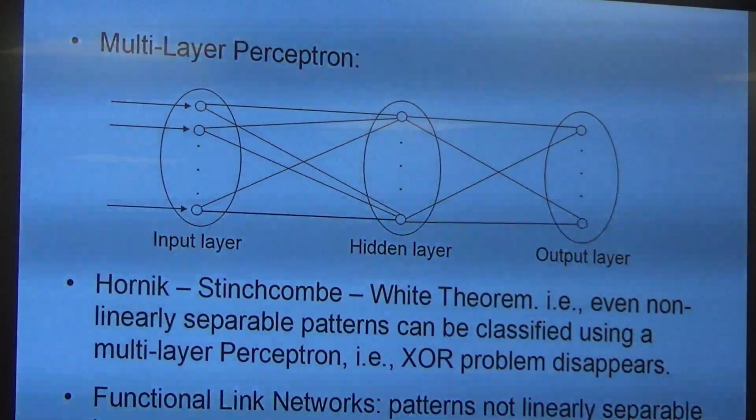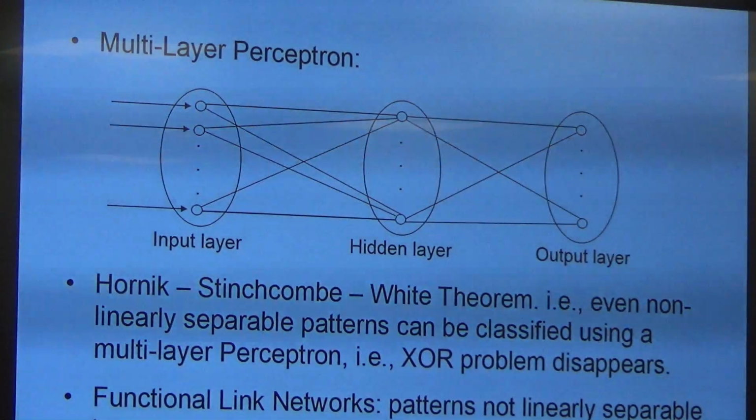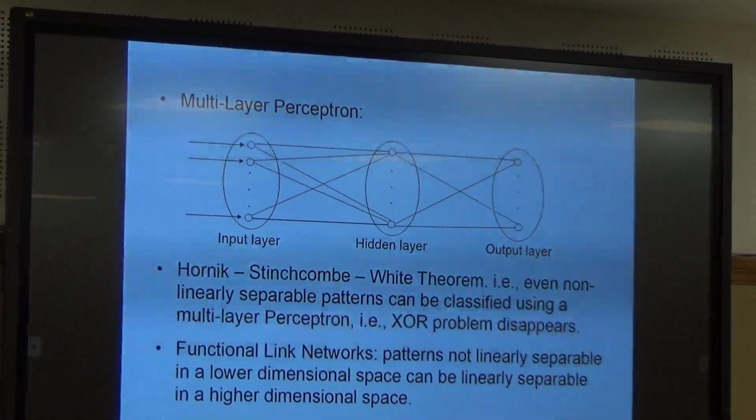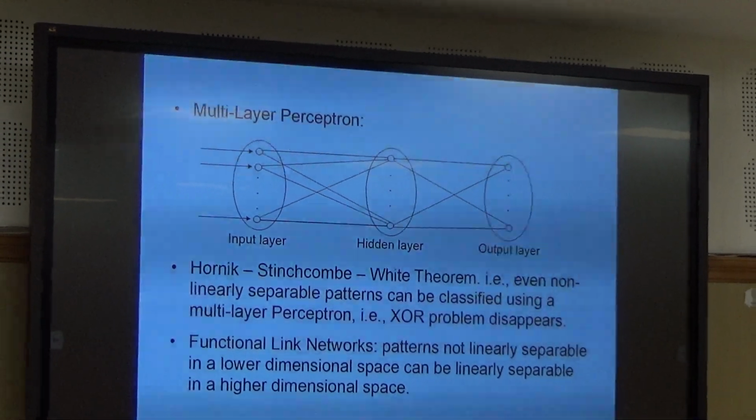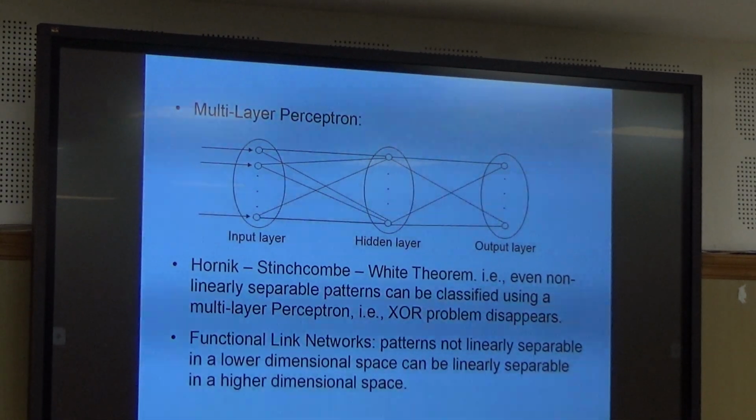So the main idea here is to relax the number of layers from 1 to more than 1. The second idea is to have an activation function which mimics the signum function, but is differentiable.